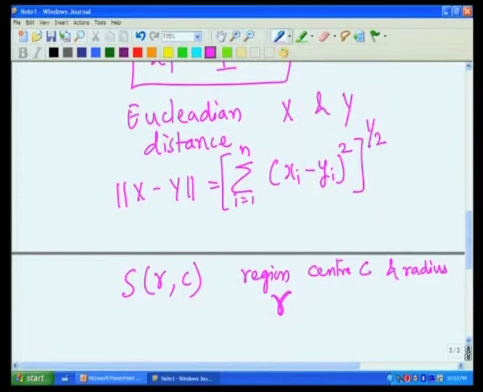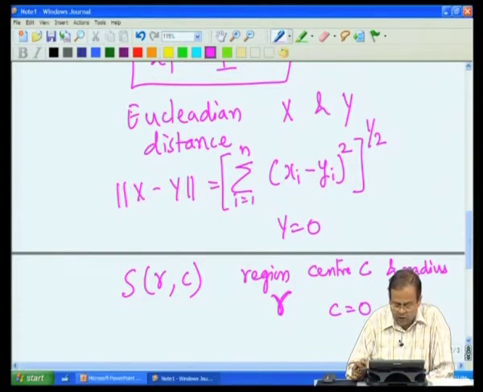Now, why do we say C is the critical point with C equal to 0? In our considerations of stability of a steady state, what we are going to assume is y is 0, and it will become clear why y is 0 when we actually look at one particular system.